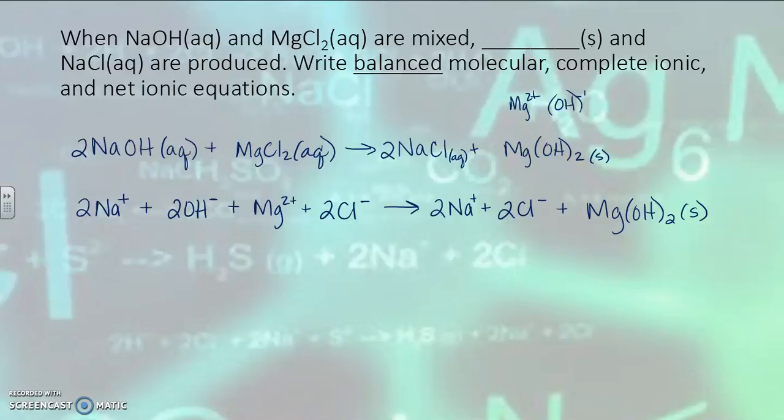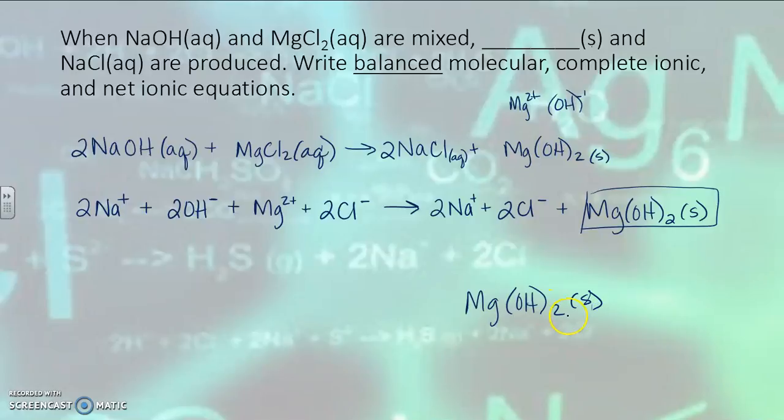All right, and then the last part says to write the net ionic equation. Okay, so we can go through and we can cross out everything that's the same on both sides, cross out like terms. Okay, that's one way to do it. The other way that I like to do it is I look at it and I say, well, if this here is my product, it's my solid, I'm going to go ahead and write that here.